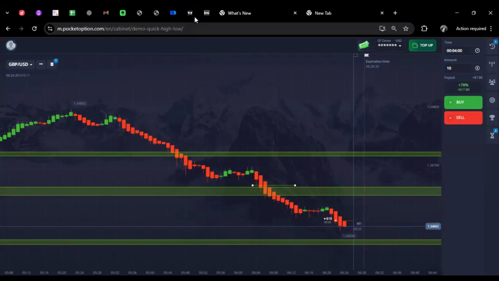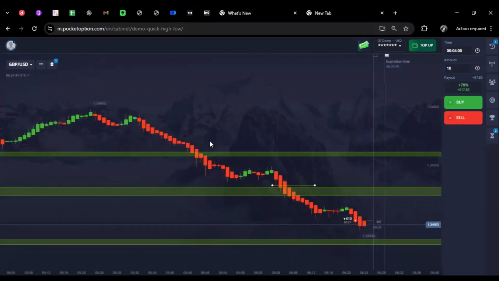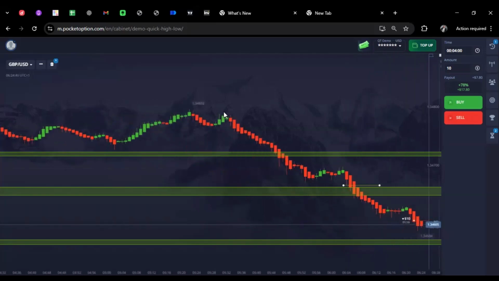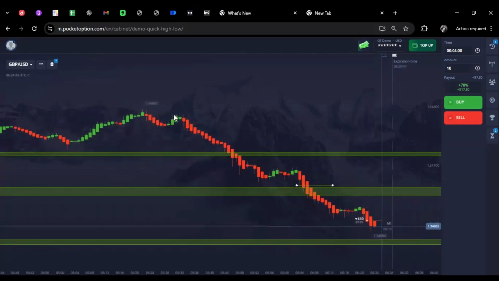Right. Okay. So that's it about it. Actually, funny enough, I'm on this trade as well on my MT5.